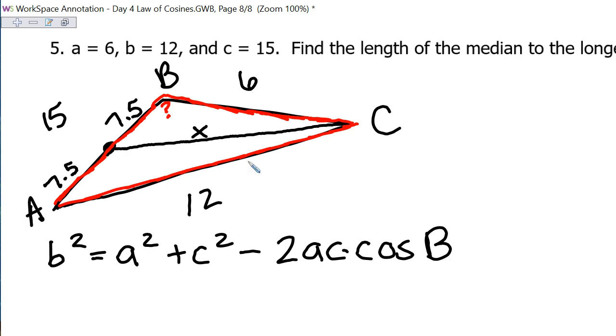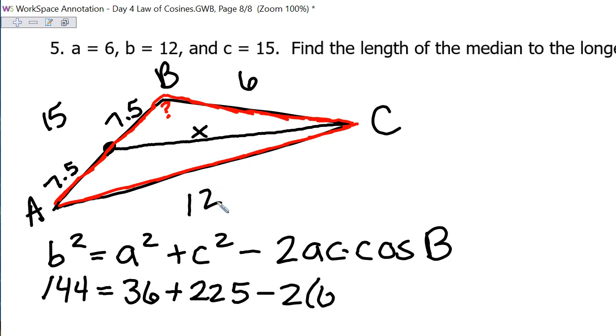Looking at the big triangle, B is 12, so 12 squared is 144 equals, what is A? 6 squared? 36. Plus, using the big triangle, side C is 15, so 15 squared is 225 minus 2 times 6 times 15 times the cosine of angle B.